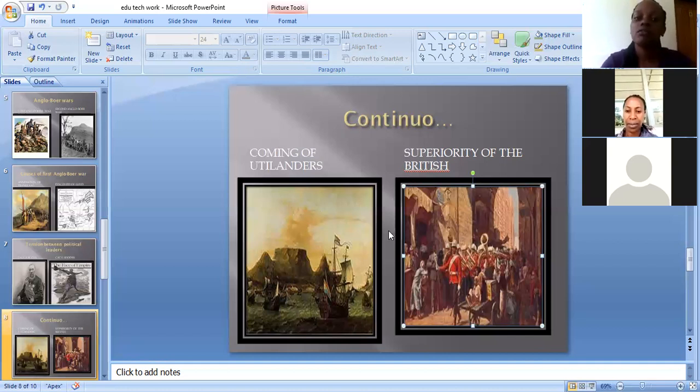Then the other point is the superiority of the British. Yes, Fausta and Rita, what can you see in the diagram where there is the superiority of the British?